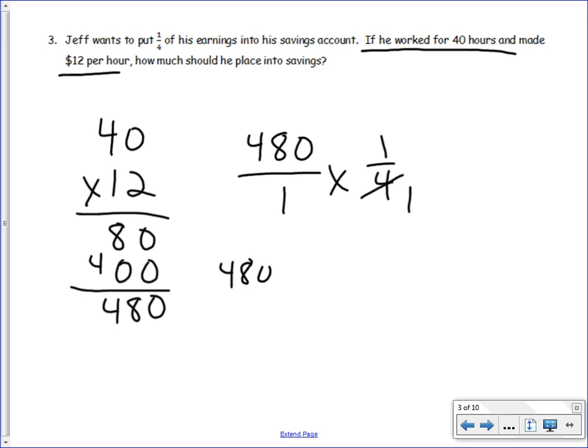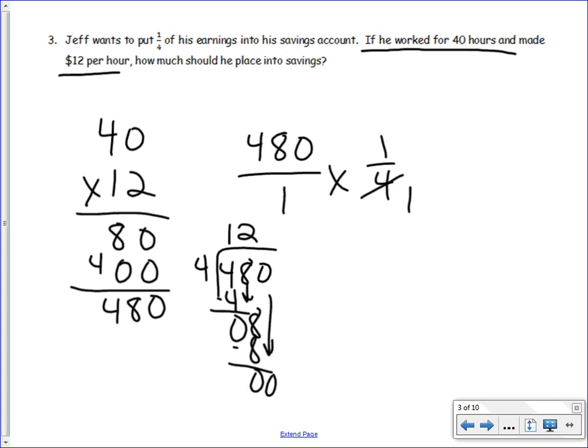So I need to see how many times 4 goes into 480 because that's what the 480 is going to change to. 4 goes into 4 once. 4 goes into 8 2 times. And 4 goes into 0 0 times. So this is going to change to 120. 120 times 1 is 120, and 1 times 1 is 1. 120 would be my answer.